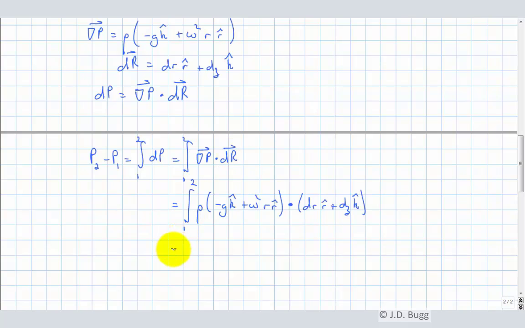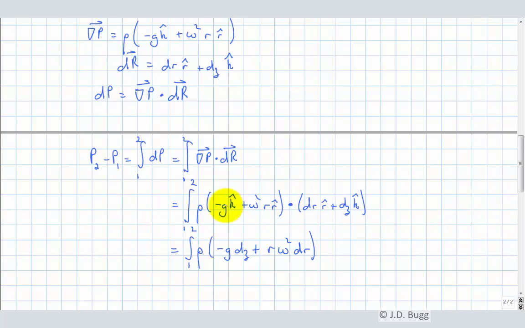Next thing we do is actually take the dot product. So we have density out front here, and in here we would have minus g dz, so the k component multiplied by the k component, plus r omega squared dr. So that's the r component multiplied by the r component.